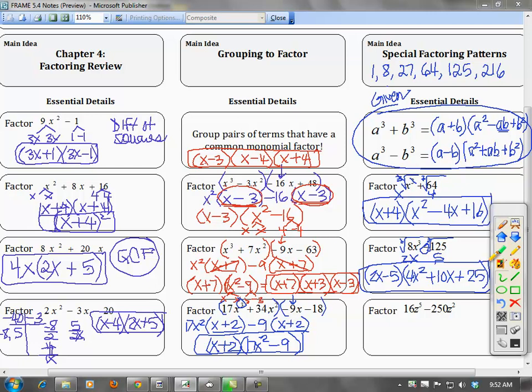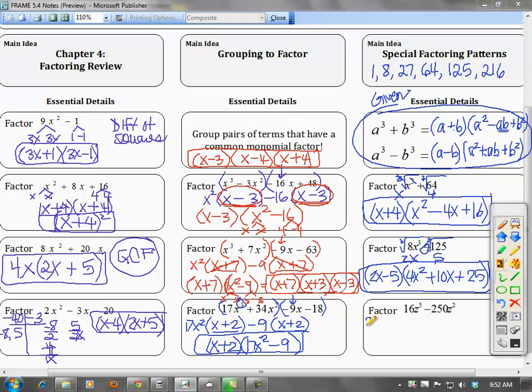Take a look. The problem with the third one is it's not a z cubed. That's our problem. So what we need to look for first is what can we pull out. If I look at this first, I can pull a 2 out and a z squared.